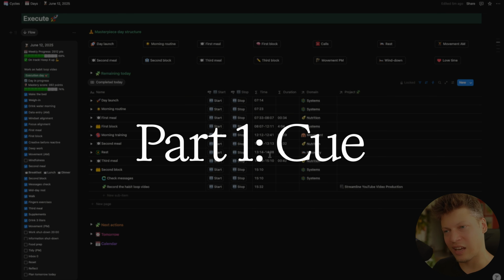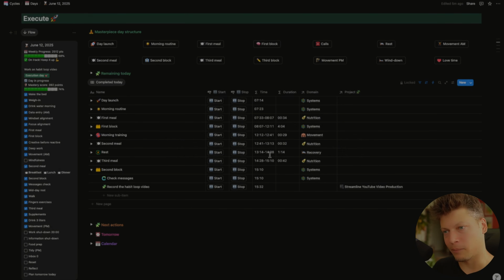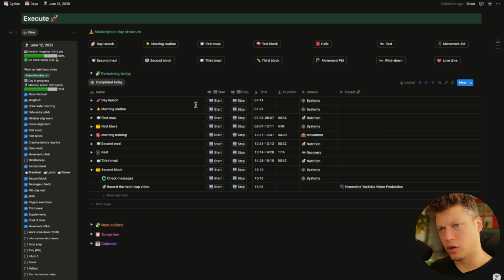Okay, let's just get into the cue part right away. The habit advice you would read in books would be usually around environment management, and how it relates to cues, it would be something like, if you want to run in the morning, you put your running shoes in the middle of the room, so you trip over them or something like that. Now, that's great to a degree, but first of all, that's completely not scalable.